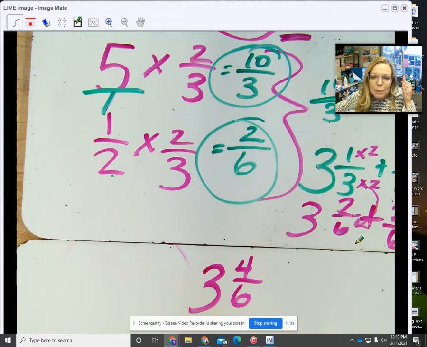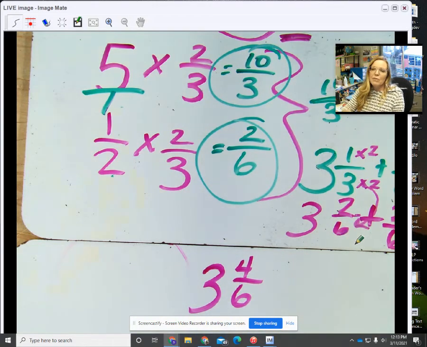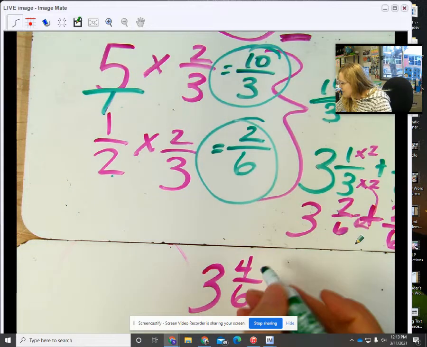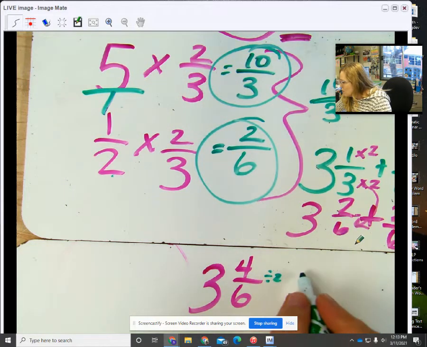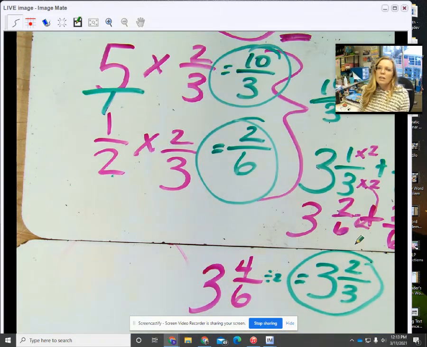Because it can be simplified. Even number, top and bottom, means it can be simplified further. And I can divide both top and bottom by 2, which would give me 3 and 2/3 as my final answer. Are you still breathing? Oh. So that is not the most efficient way, but it kind of explains what's happening.